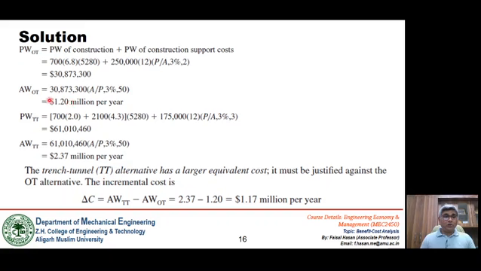The lower option in this case is the open tunnel, and the higher cost option is the tunnel trench. So we are comparing the open tunnel with the tunnel trench. If we subtract these two, the incremental cost comes out to be $1.17 million per year.